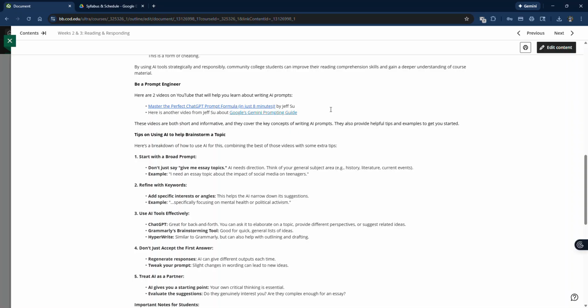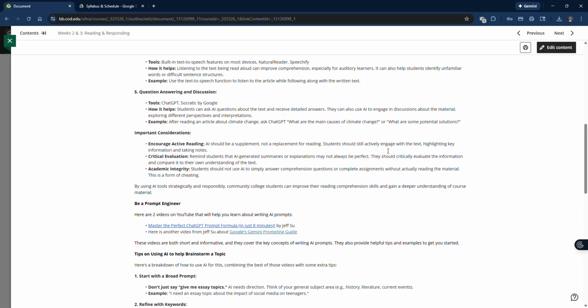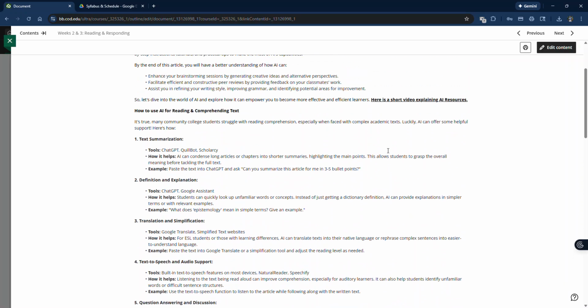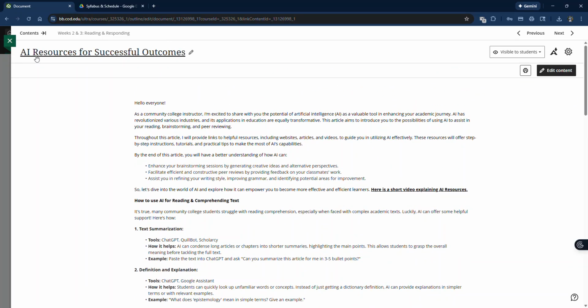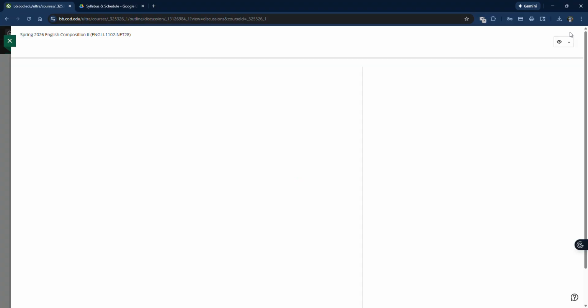About writing prompts is the first one, and then using Google's Gemini prompting guide is a little bit more in depth. They're about 8 or 9 minutes apiece, but I can guarantee you they will give you much needed background on how to use AI as a tool. So that is the AI resources for successful outcomes page in the unit here.